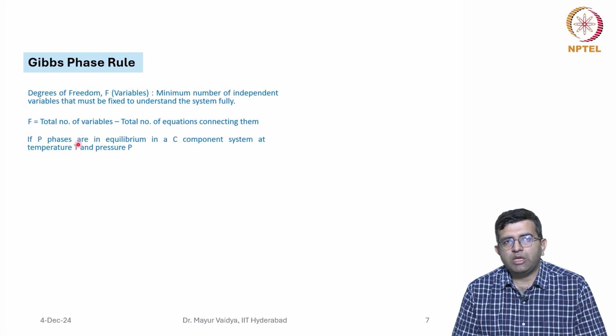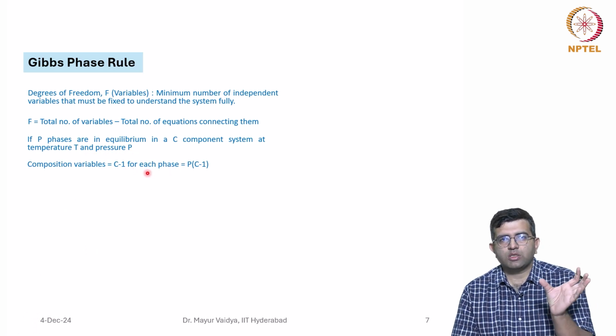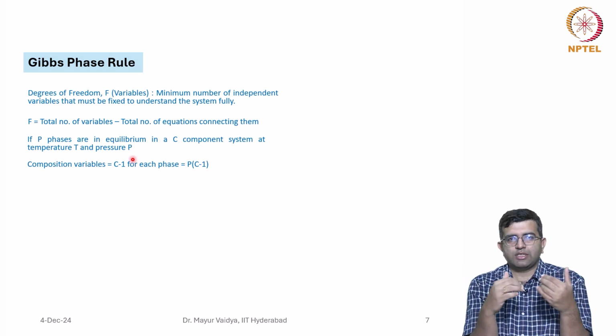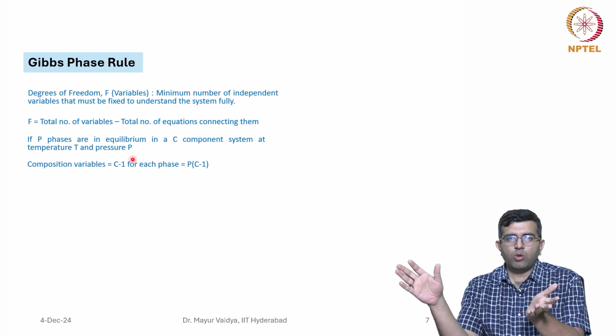So, if there are P phases in equilibrium in a C component system at temperature T and pressure P, then the composition variables are C minus 1 for each phase. Why C minus 1? Because, if you are talking about mole fractions, XA plus XB plus XC equals 1.